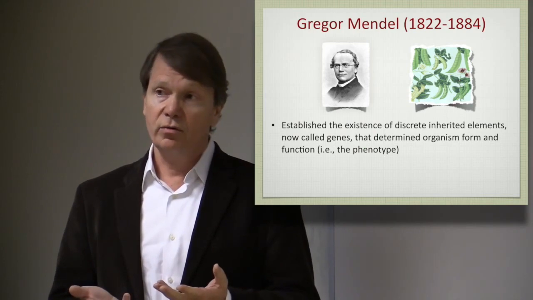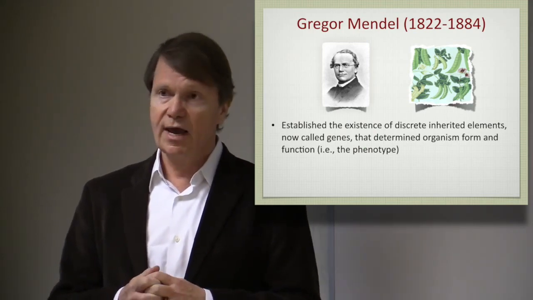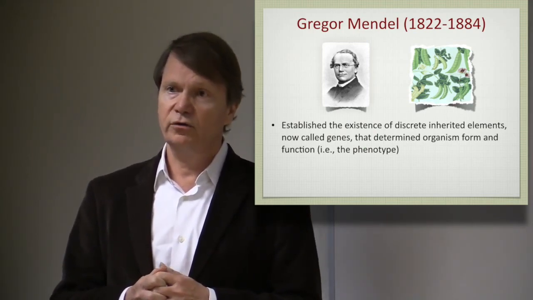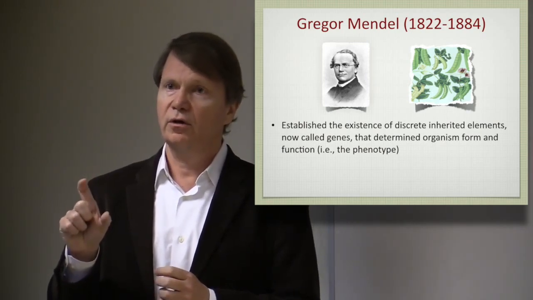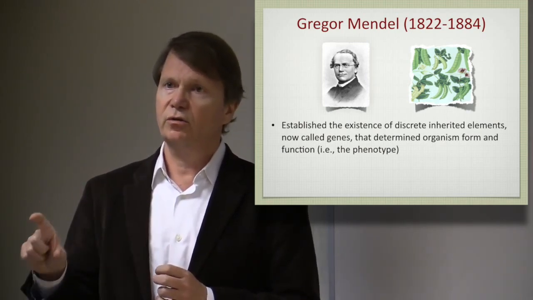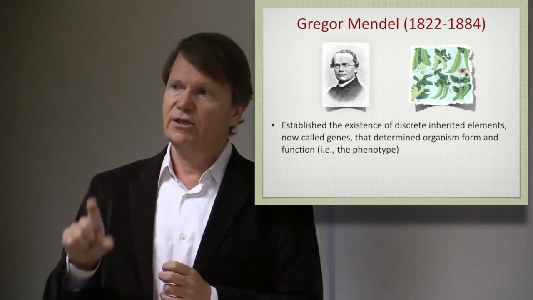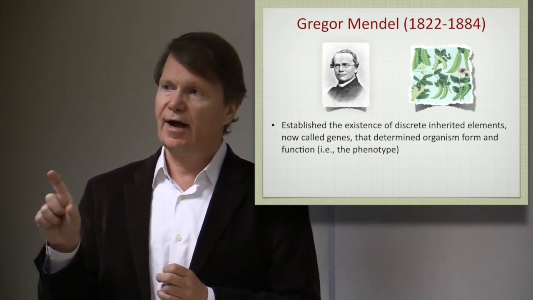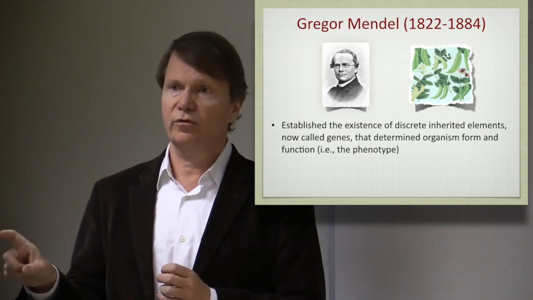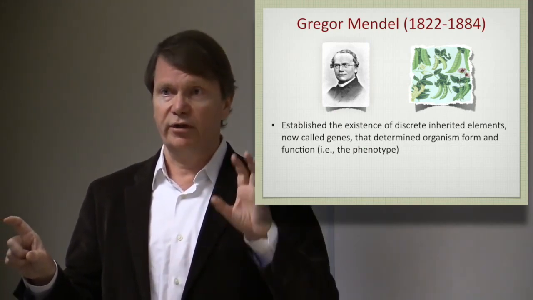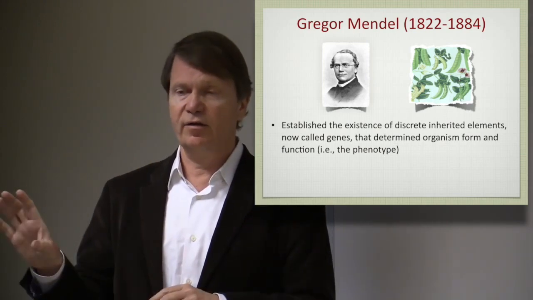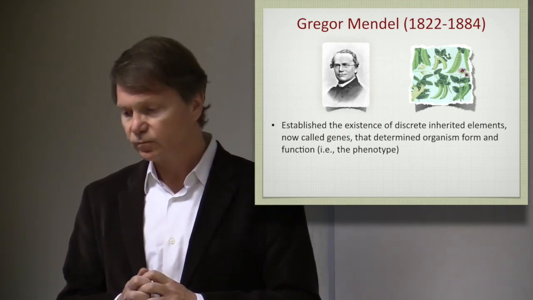Looking at it now, retrospectively, you would say that Mendel discovered the existence of discrete quanta of information that travel from generation to generation, and these quanta of information affect the form and function of the organism that we recognize as a phenotype. So these quanta, and then there are the phenotypic consequences of that.